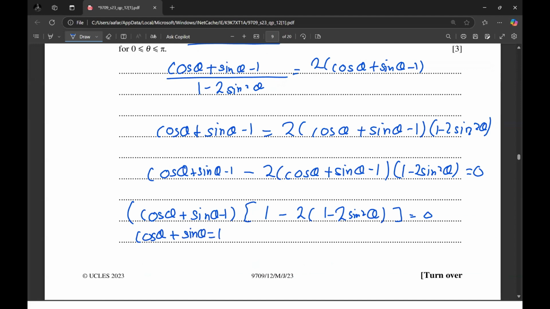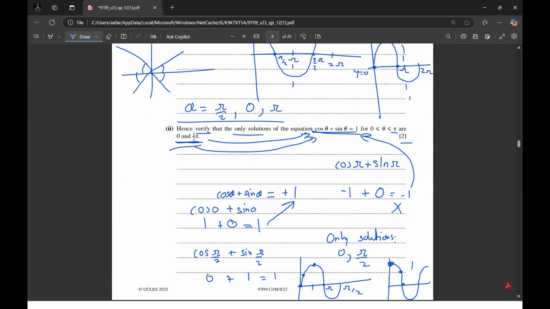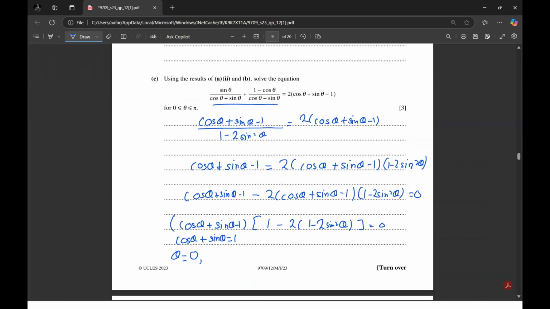So now we know that for the equation cos theta plus sin theta equals 1, the only solutions, which we verified over here, are theta equals 0 and half pi.